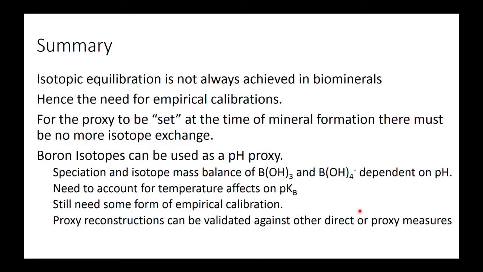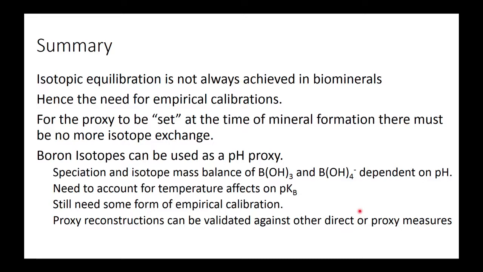In the case of boron, this pH dependency arises because of this large fractionation between two phases and the pH dependency on how much of each phase we have. It can be used as a proxy because only one of the two species, the borate ion, gets incorporated into calcium carbonate.